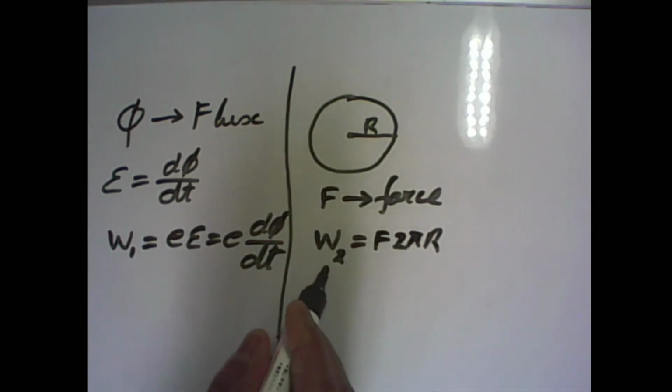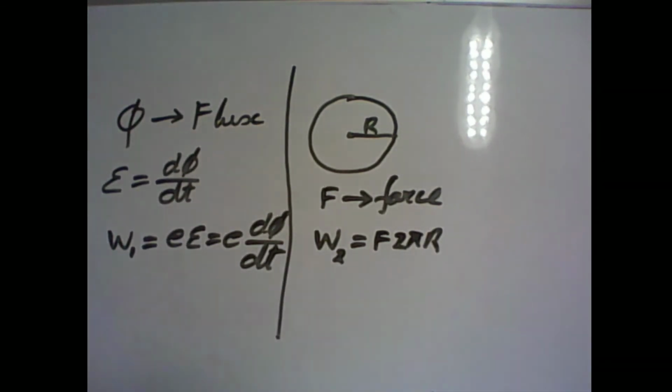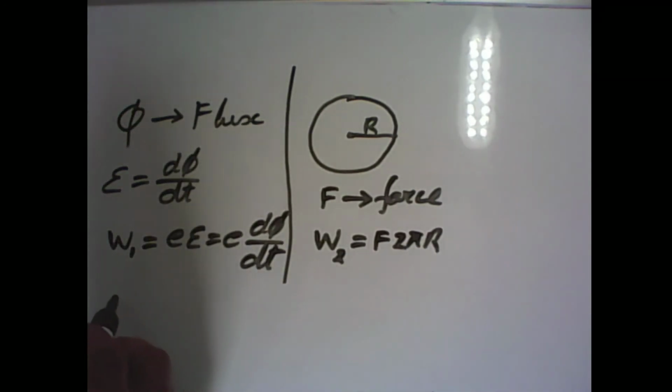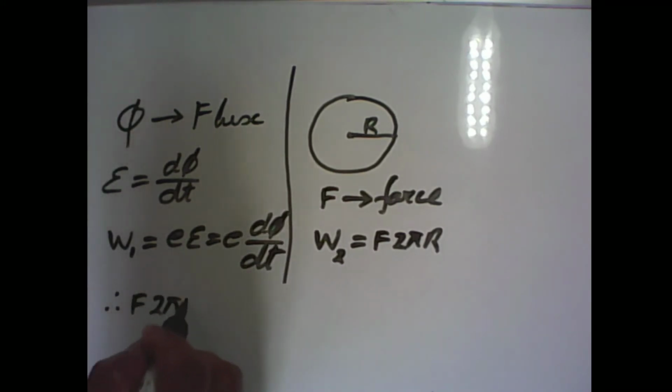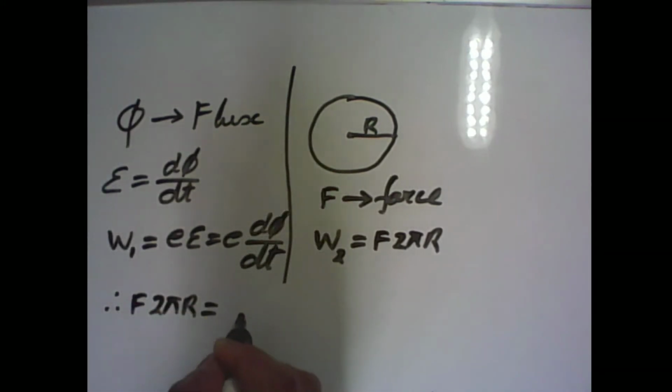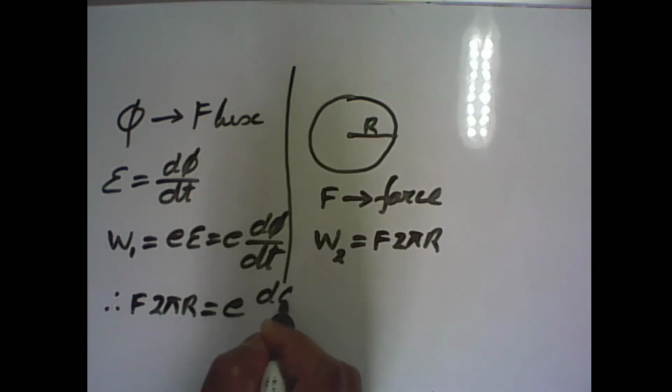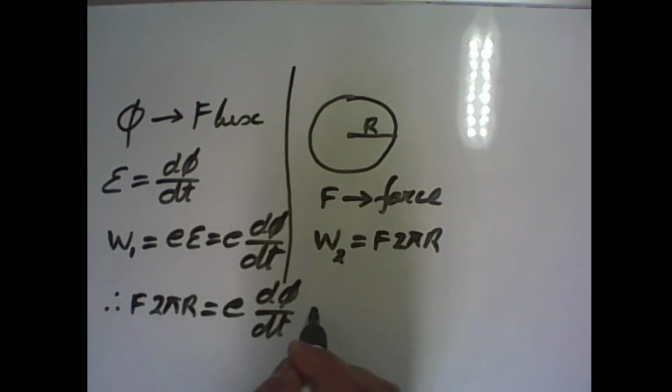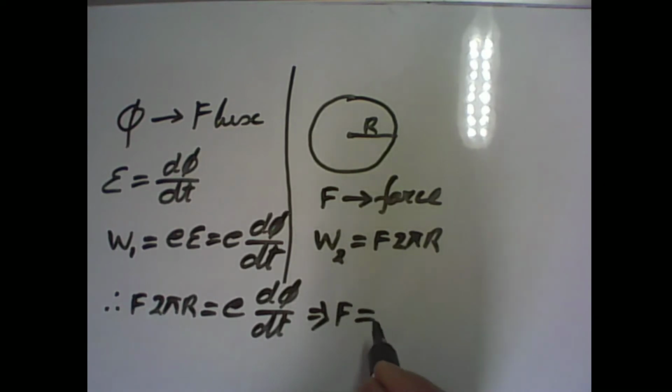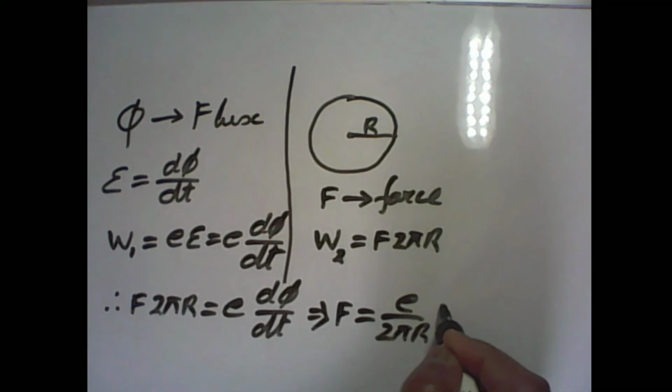So these two works should be equal. Therefore, we can write W1 is equal to W2. So we can write F into 2πr should be equal to E dφ/dt. This implies we can simply write F is equal to E by 2πr into dφ/dt.